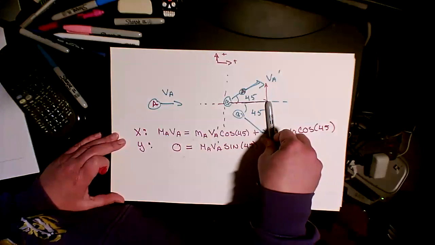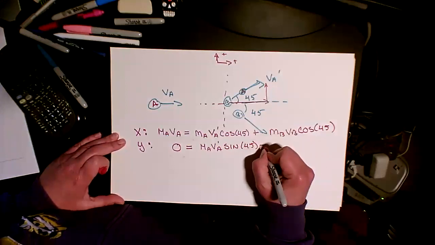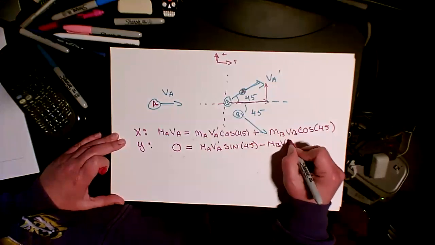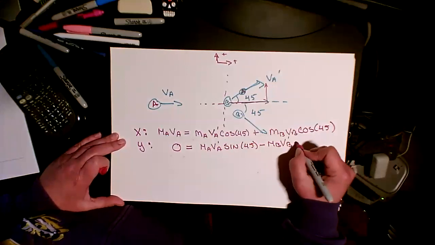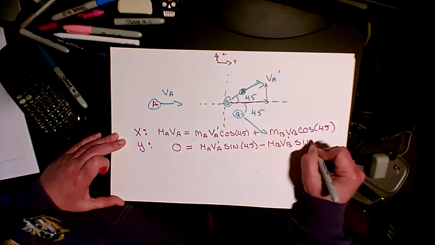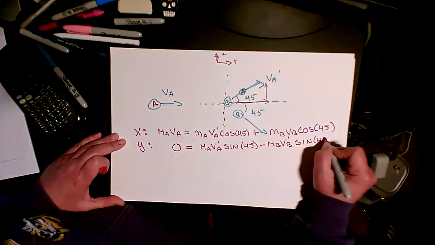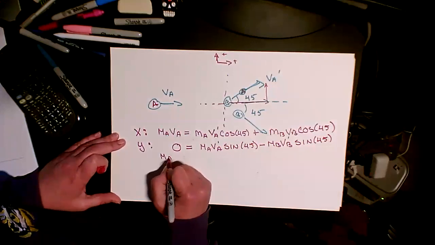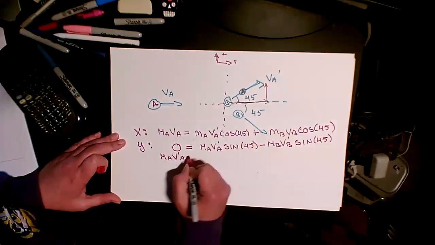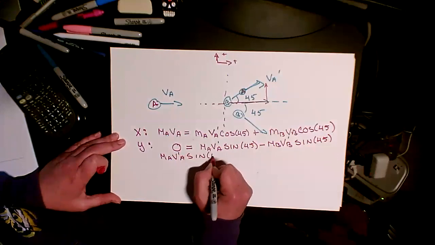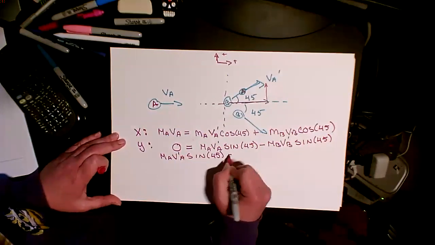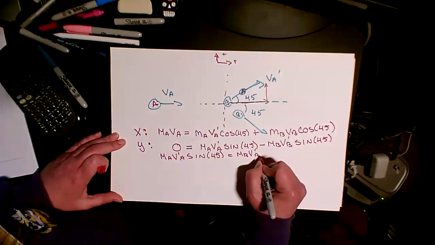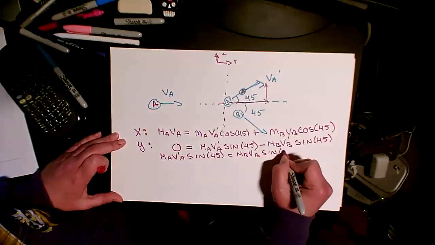I've defined down as negative. So minus mass B, V prime B, sine of 45. So that says that mass A, V prime A, sine 45 equals mass B, V prime B, sine 45.